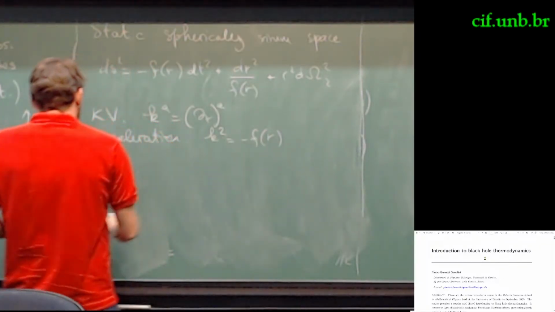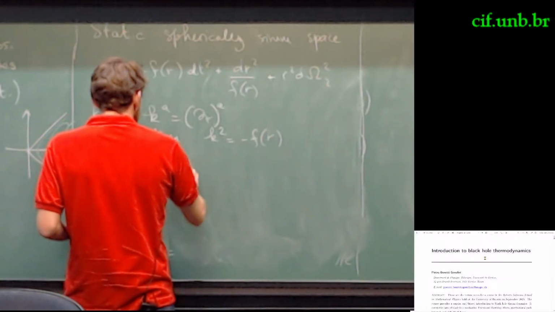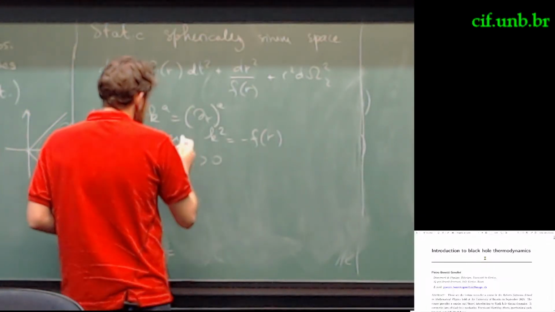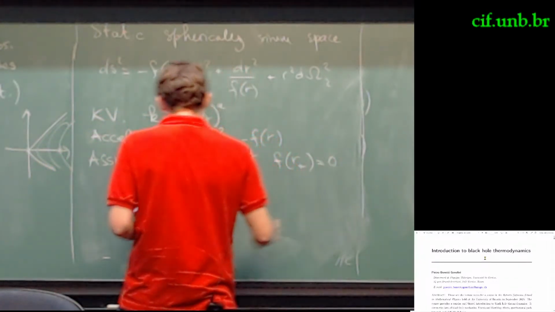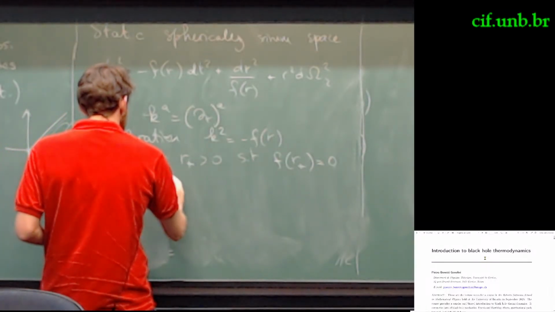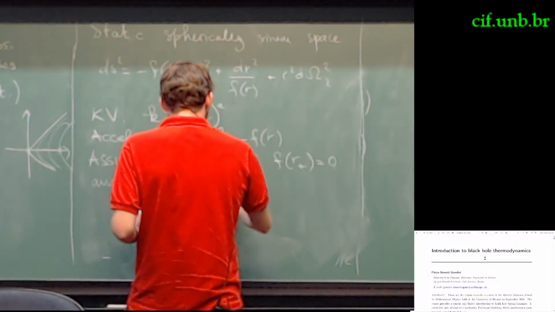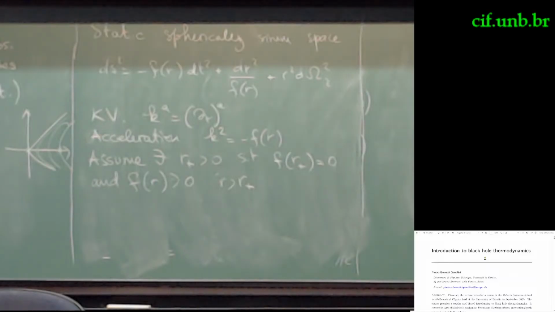I assume there exists r plus, positive, such that f of r plus vanishes, and f of r is positive for r larger than r plus. This is the same property that is satisfied by Schwarzschild, but is also satisfied by AdS and AdS-Schwarzschild. So I'll do the analysis once with an arbitrary function so that it all follows in the same way.